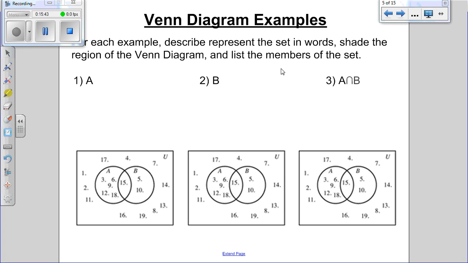So, for number 1, it wants to know all of the things that are in set A. So, all things in A. That's what that means in words. In the Venn diagram, what does that mean? It would be bubble A, so it would be anything in this shaded region.